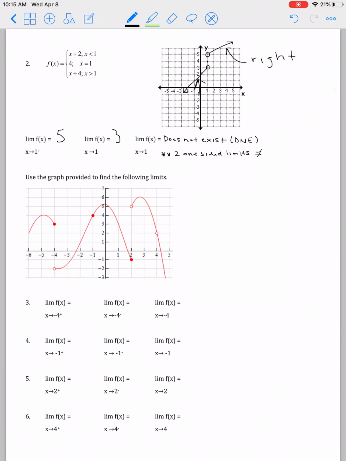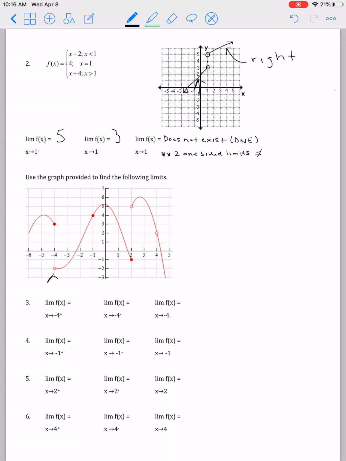So here's something else that I'll ask you to do. We're going to look at a graph with all kinds of stuff going on, and we're going to start at -4. So find -4, and find the left side and the right side. So over here at -4, it says from the right, here's the right side. This piece right here, I'm coming in to -4 from the right.